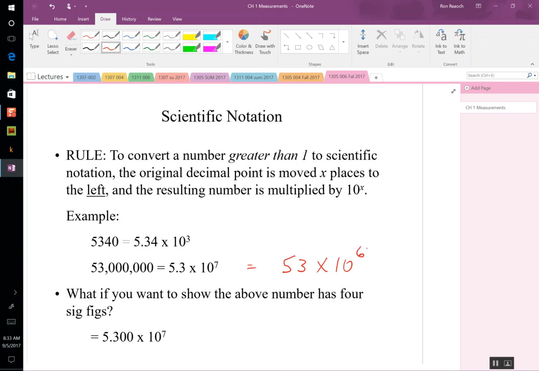But that's not the way I want to see you report or convert it to scientific notation. Always move it over to where you have one digit and then the decimal place, so you get a number between 1 and 10. 5.3 is between 1 and 10. So we get 5.3 times 10 to the 7th.